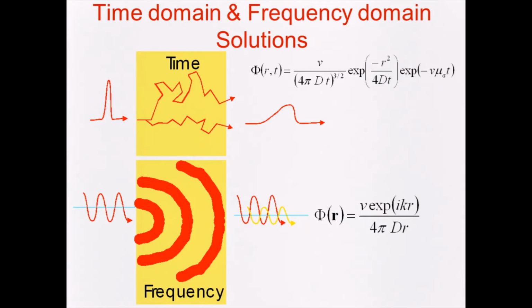The frequency domain solution is starting to get simple enough to think about. It's essentially just an exponential decay with one geometrical term, which is divided by r. So this is basically a spherically expanding wave of light, and it's decaying in intensity the farther away you go from the light source.